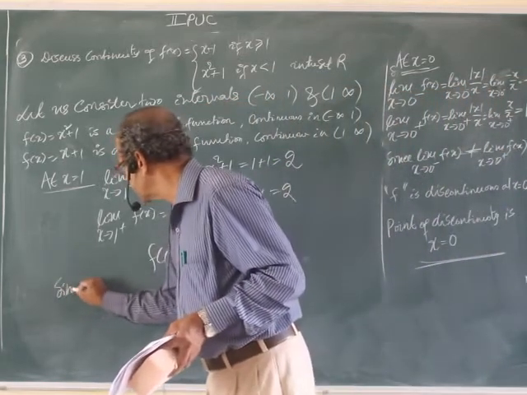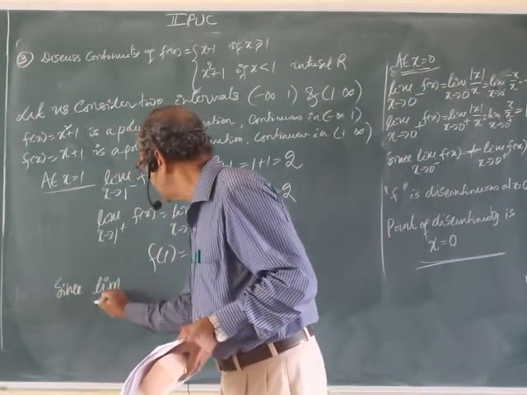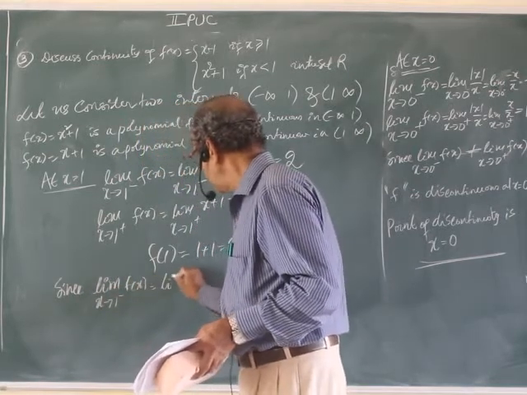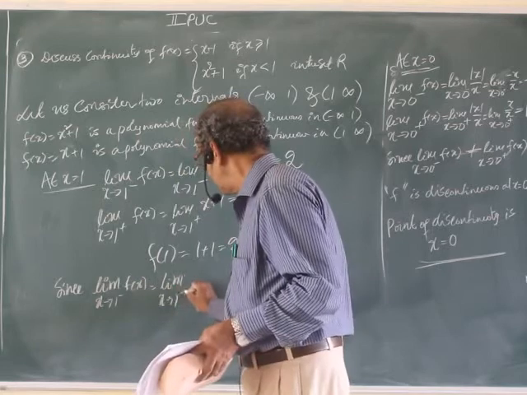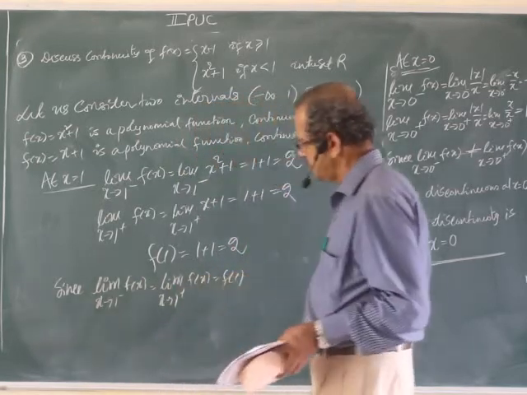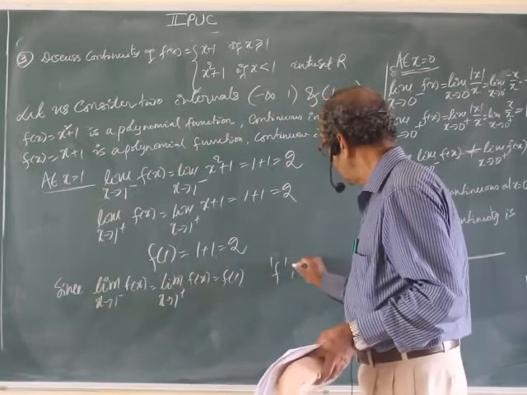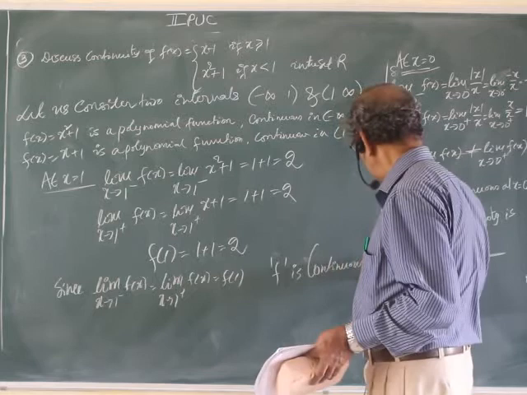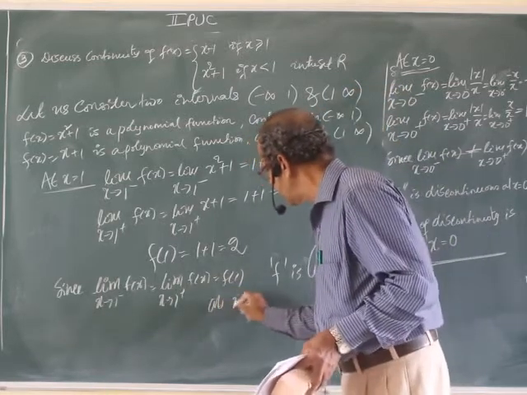Since limit x tending to 1 minus f of x, limit x tending to 1 plus f of x, and f of 1 are equal, f is continuous at x equal to 1.